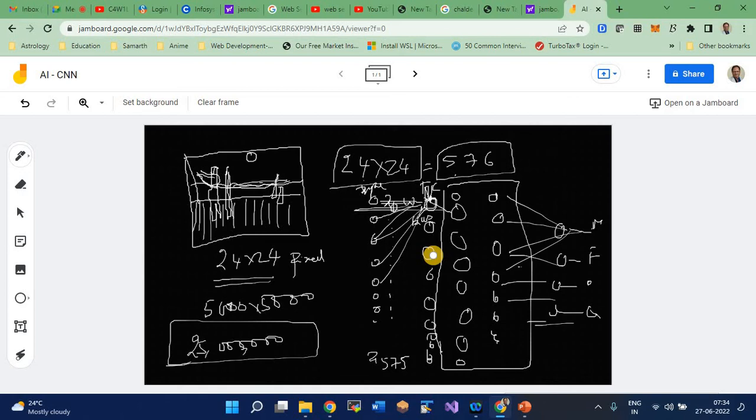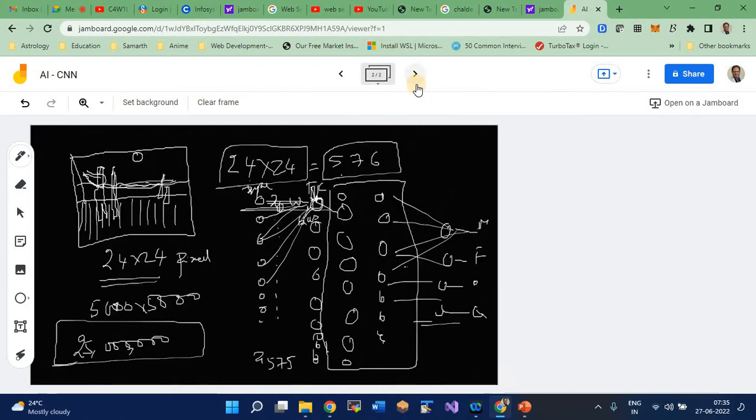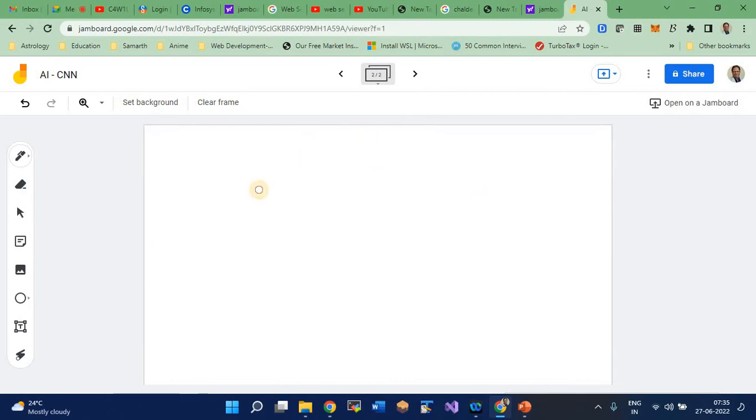It would be enormous, isn't it? So how do we solve this, where we need to reduce this such that it is done with a much lesser number, but still able to capture everything, right?